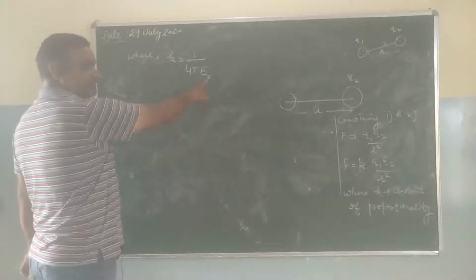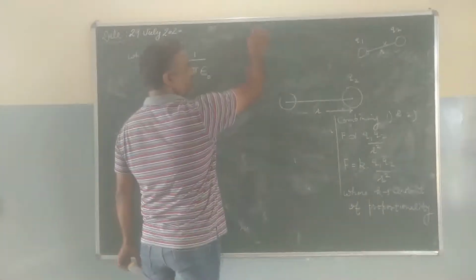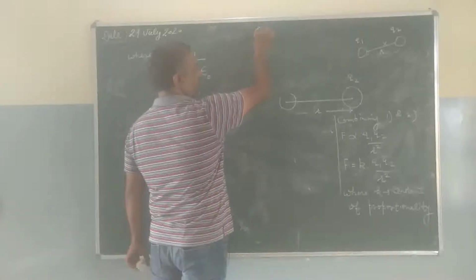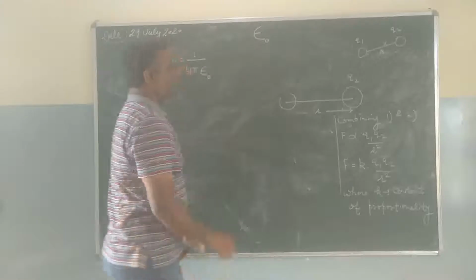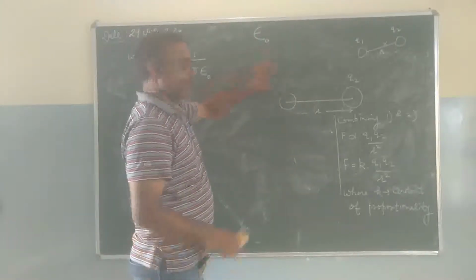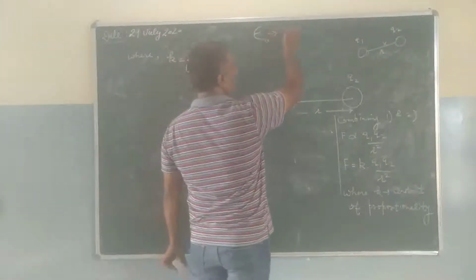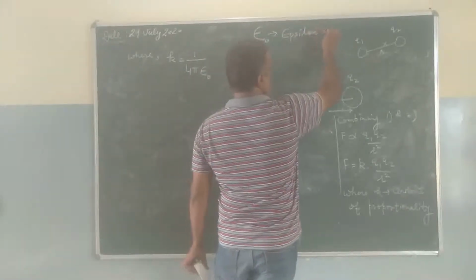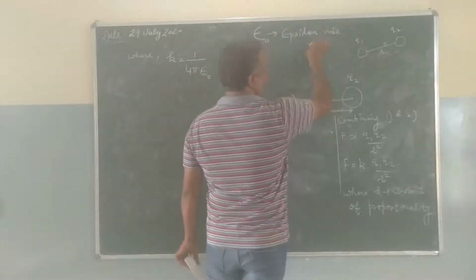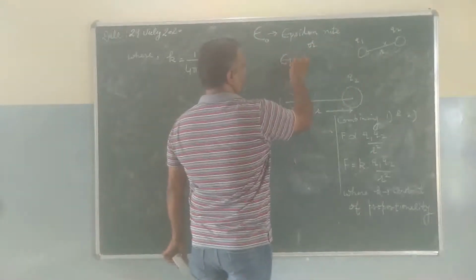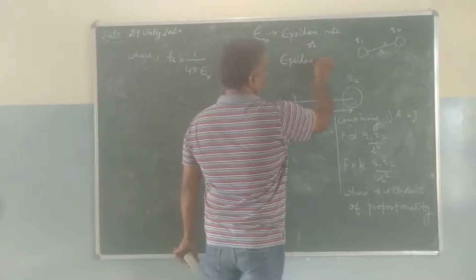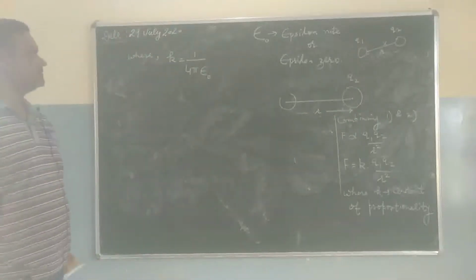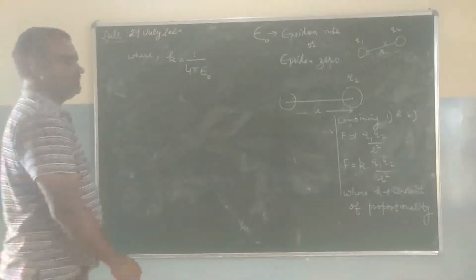This is epsilon naught, not E naught, it is like this epsilon naught, or you can call it epsilon 0. Is it clear?